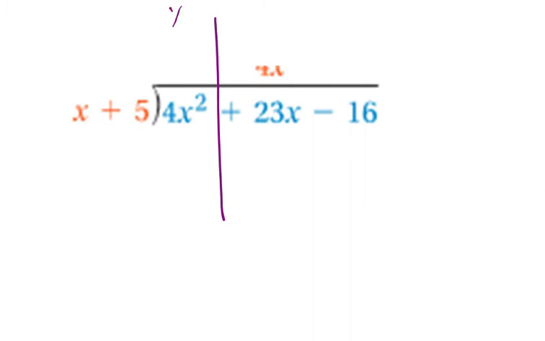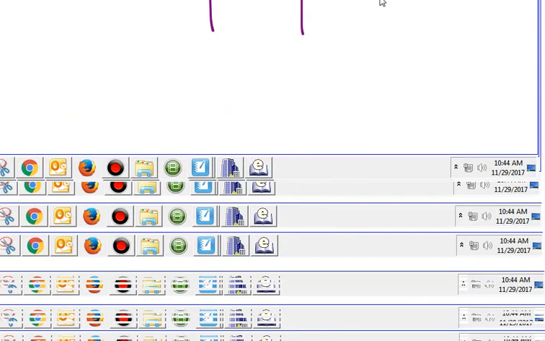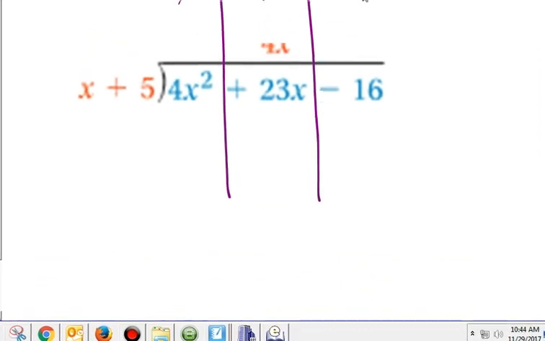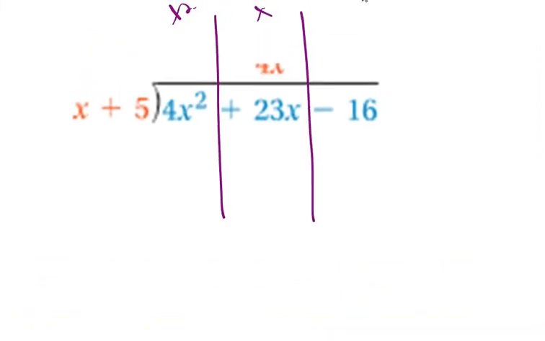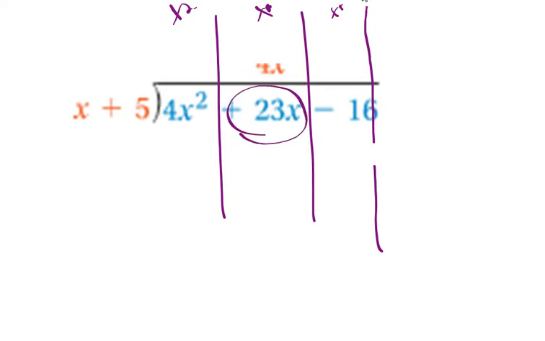Notice that this is my x squared column, this is my x column, and this is my x to the 0. So if you are missing an x term, you would put a placeholder in there like 0x. Or if you didn't have that constant on the end, you could just do a plus 0.